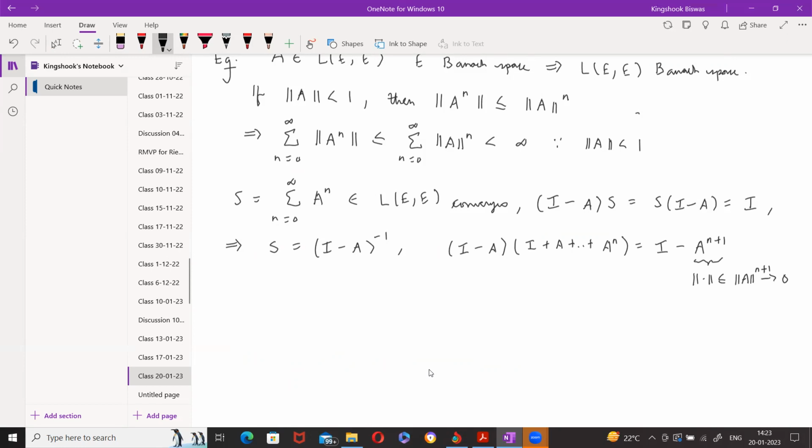So this term, the norm goes to 0. So this converges to identity, and this converges to the sum S. So from that, by continuity of the composition of operators, this becomes I minus A into S is equal to identity. And similarly, S times I minus A is identity.